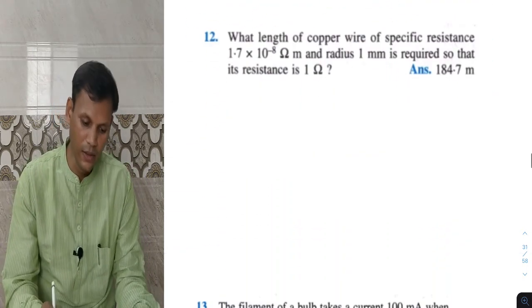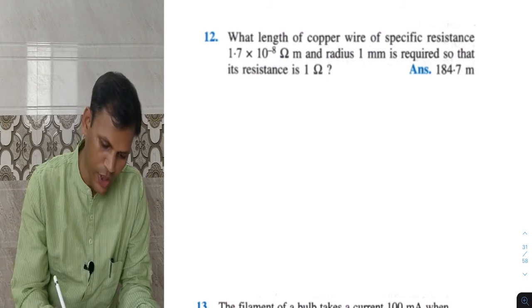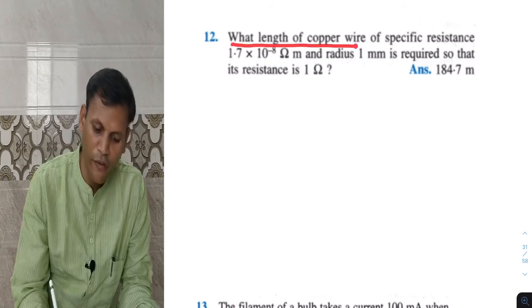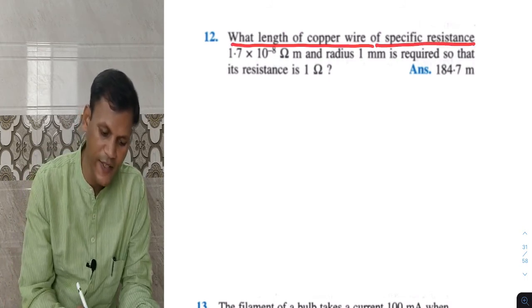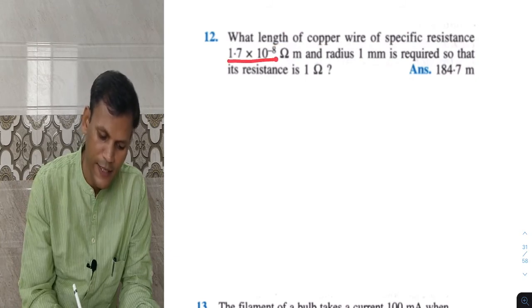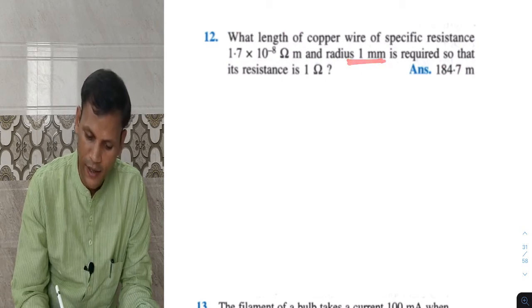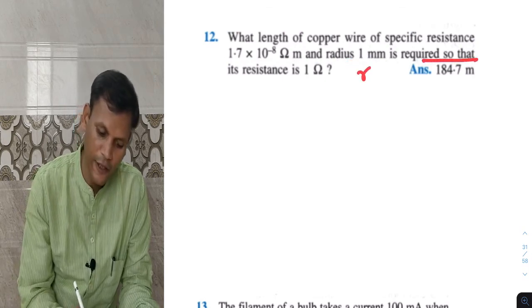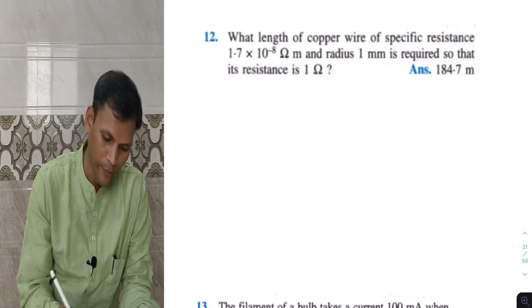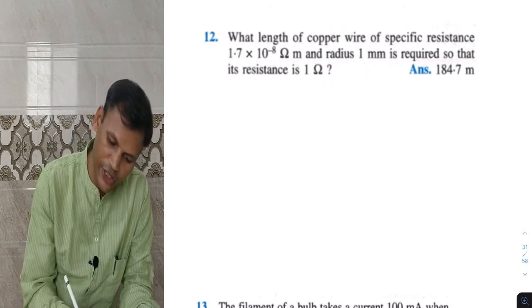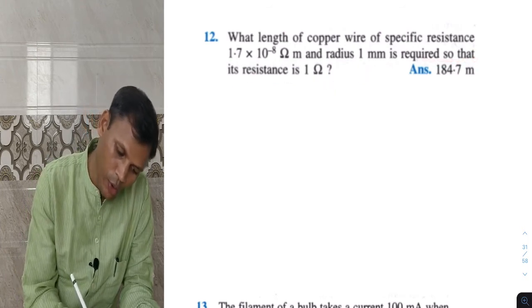Now question number 12. What length of copper wire of specific resistance? Specific resistance means rho, resistivity is given, and radius is given. So what information is there?